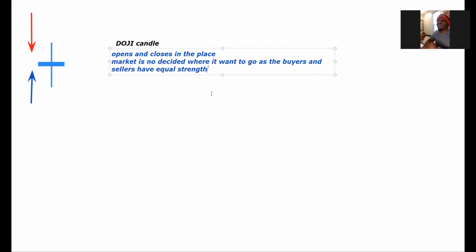This is because the buyers and the sellers have equal strength.